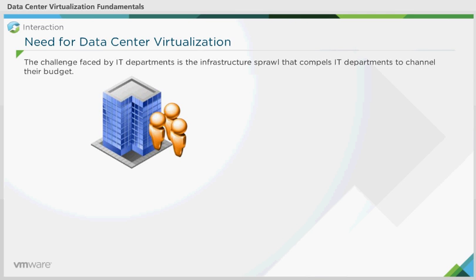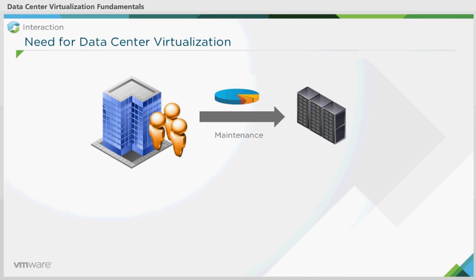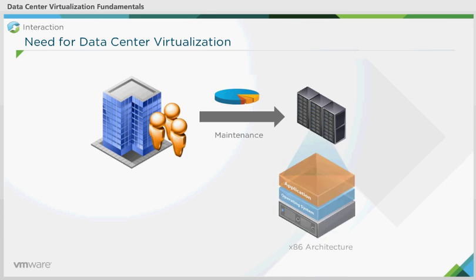The most pressing challenge faced by IT departments in organizations across the world is the infrastructure sprawl that compels IT departments to channel 70% of their budget into maintenance, leaving scant resources for business-building innovation. This difficulty stems from the architecture of today's x86 servers. These servers are designed to run just one operating system and application at a time.